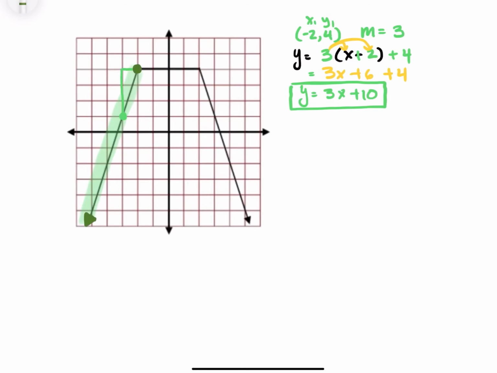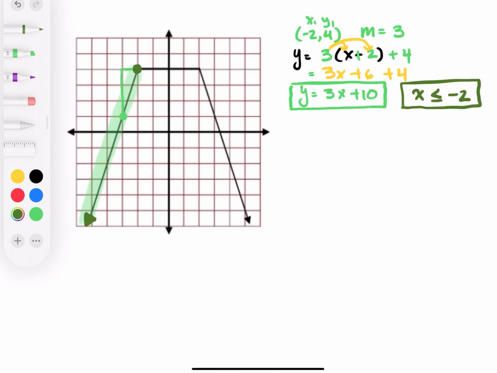Now that arrow means that it's a less than sign because it's going to the left. So that means x is less than, and then you can put in that equal sign because it is a closed circle, and then we want anything to the left of -2. That endpoint has that -2. Okay, so we're looking for x values. All right, so that's the first piece.